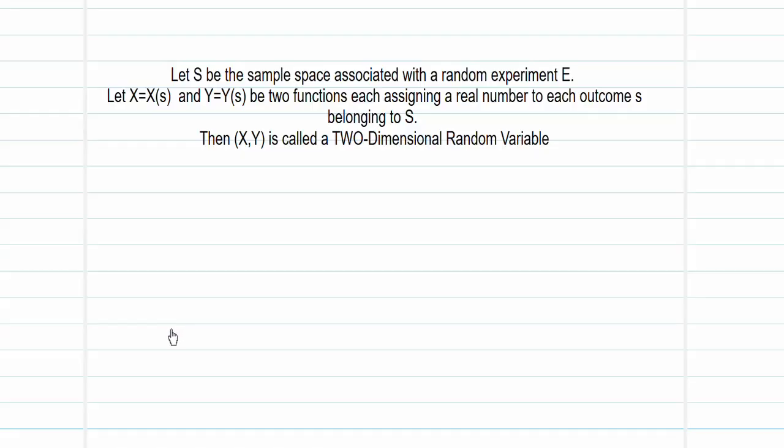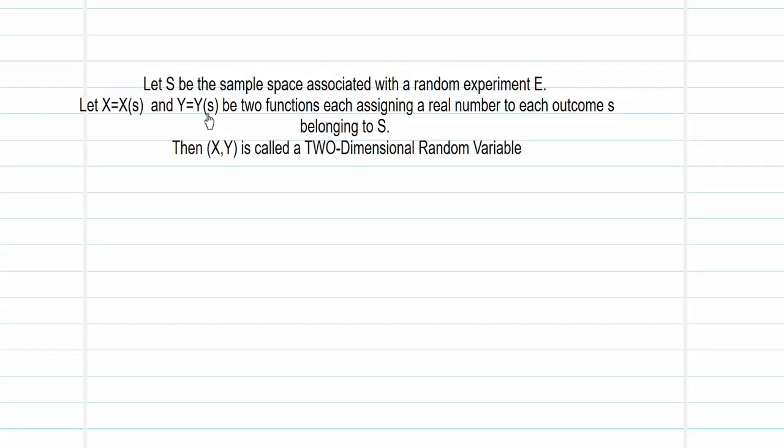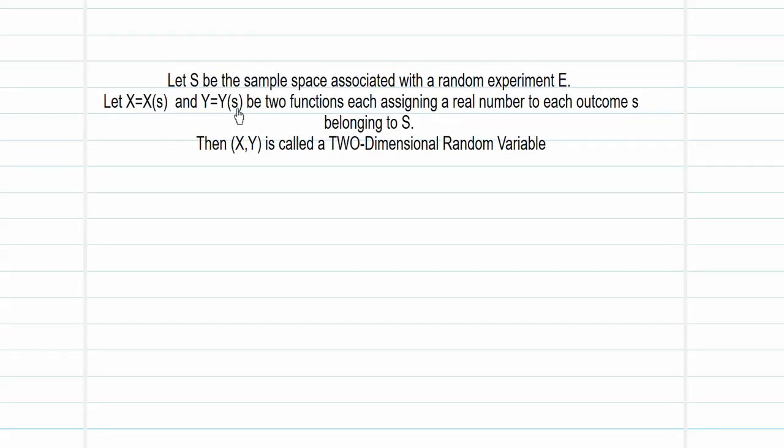Let S be a sample space associated with a random experiment E. Now x is a function that takes the elements of the sample space, and y is another function which also takes the elements of the sample space. Each of these functions picks an element from the sample space and assigns it to a real number.